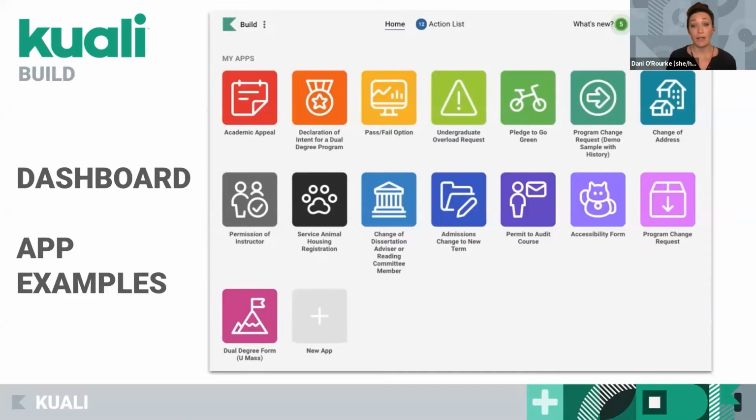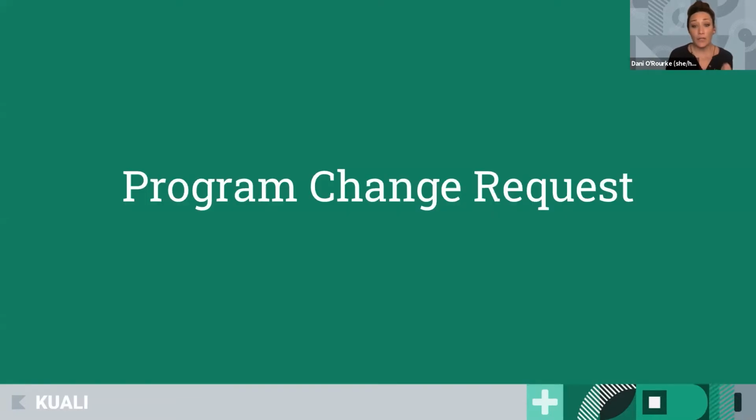Some examples might include academic appeal, declaration of intent for a dual degree program, pass-fail, undergraduate overload request, pledge to go green, program change request, change of address, permission of instructor, service animal housing registration, admissions change in a new term, permit to audit a course, accessibility. The list is endless in terms of the types of forms that you can utilize inside Build and elevate that impact with Kuali.